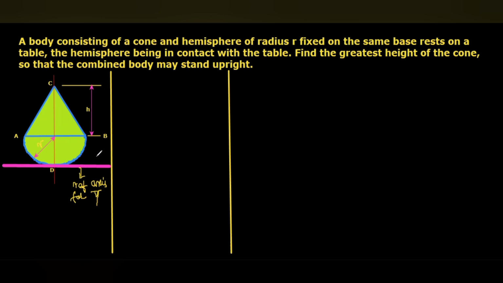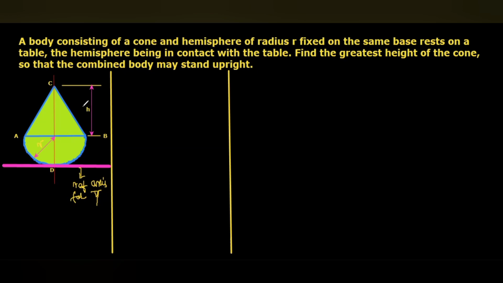But here, for stable equilibrium, the center of gravity of the body should preferably be below the common face AB. Maximum, it may coincide with the face AB, corresponding to the maximum height.